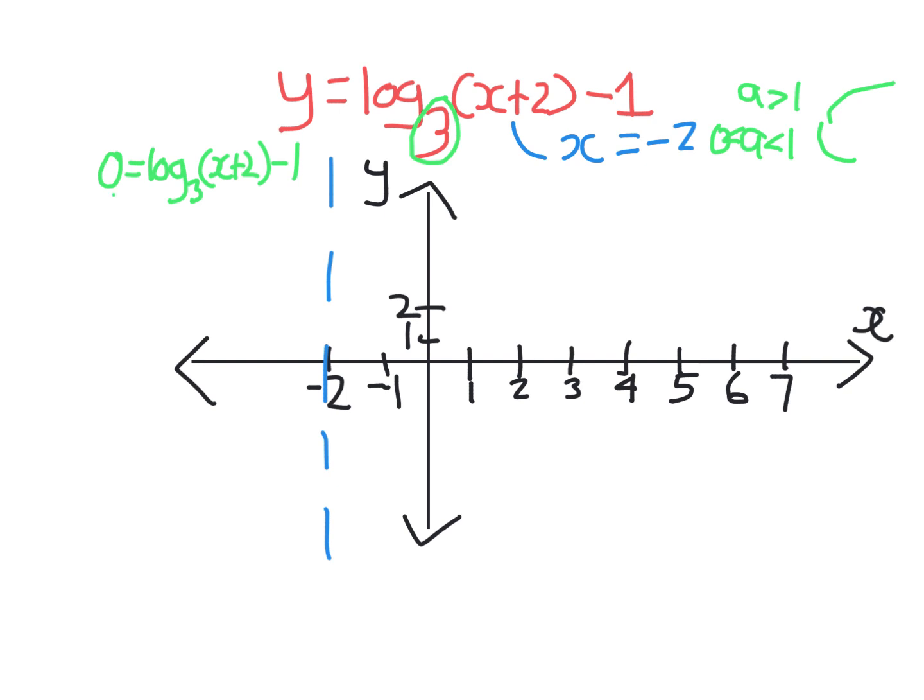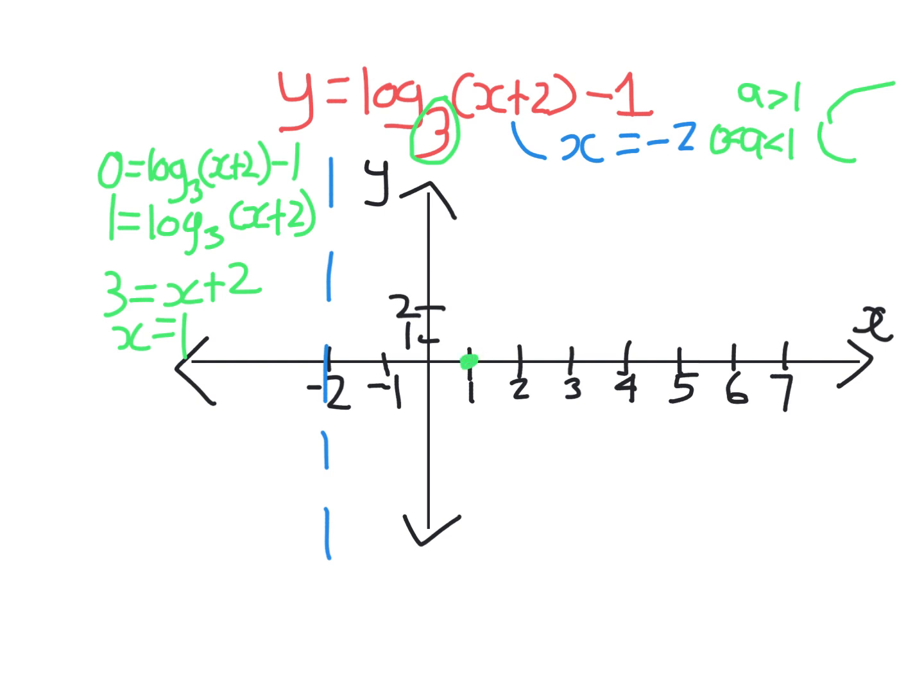Now I'm going to add 1 to both sides. Now I've got a log base 3 of something, so the way I undo log base 3 is raising 3 to the power of each side. So 3 to the power of 1 is 3. I get 3 equals x plus 2. Subtract 2, x equals 1. The x-intercept is x equals 1. So I will put a dot here.